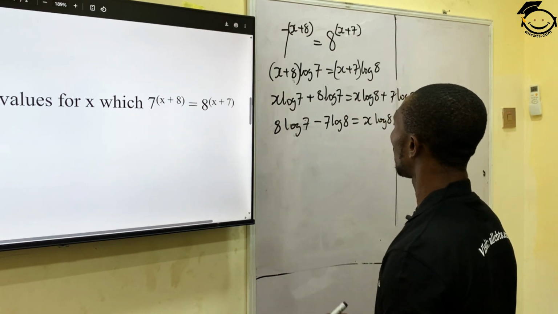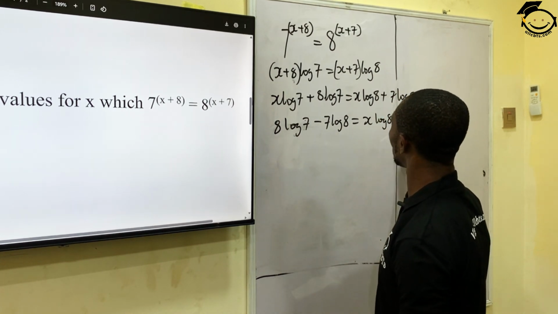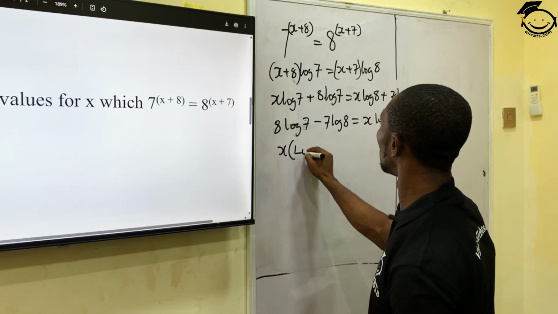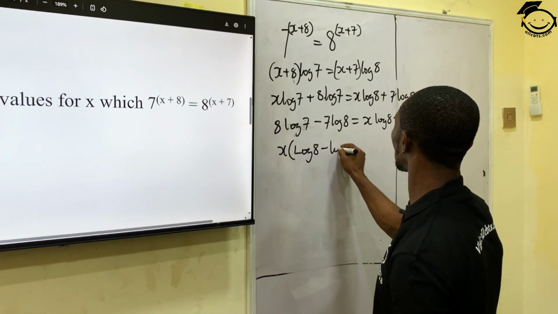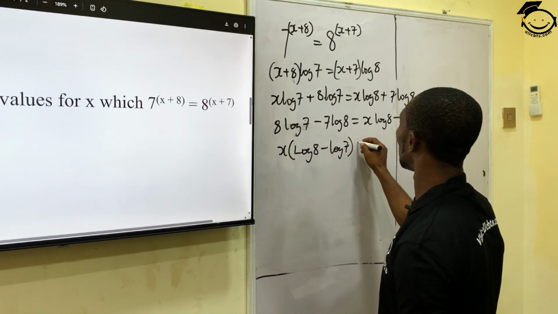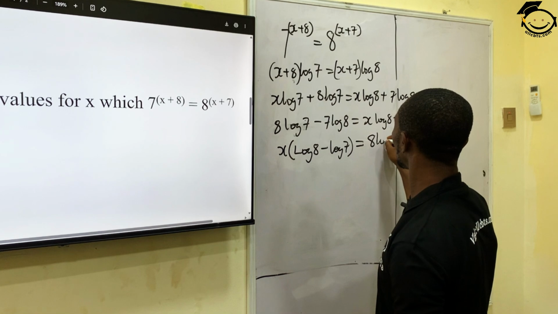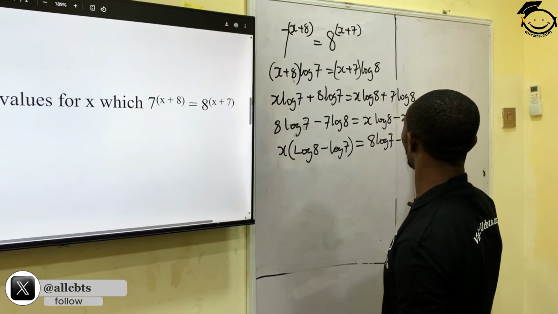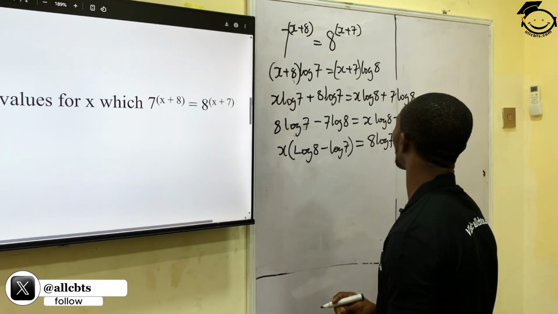Here we have our common terms, which gives us x bracket log 8 minus log 7 equals 8 log 7 minus 7 log 8.